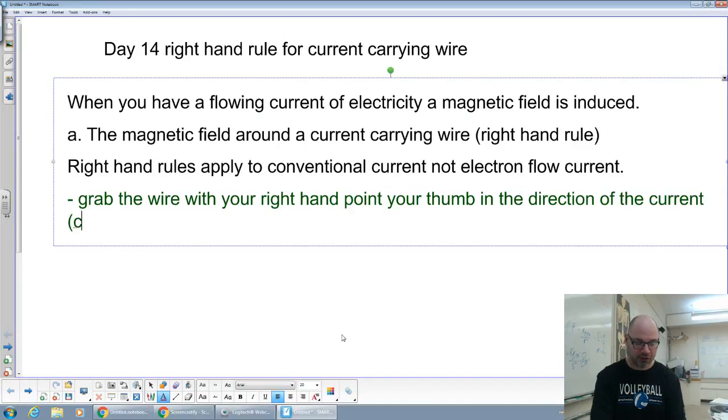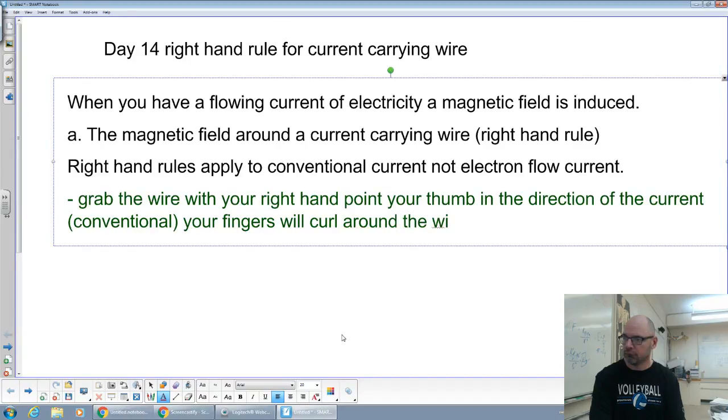Remember, we're talking conventional. Your fingers will curl around the wire in the direction of the created or induced magnetic field.